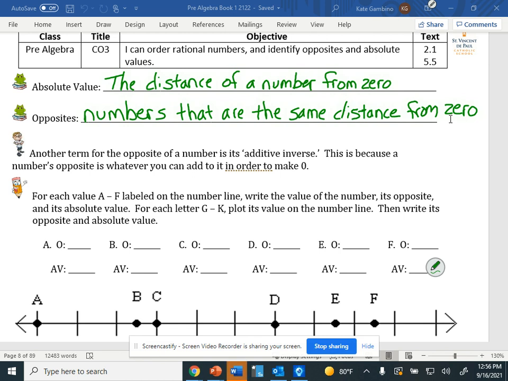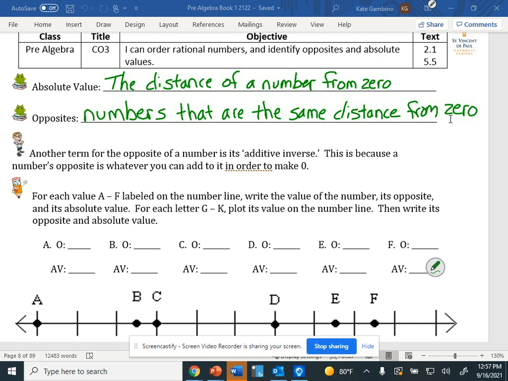So they would have that same absolute value. If it's 3, its opposite would be -3. If it's -5, its opposite is +5. So it's the same absolute value. Those are opposites of each other. They're on the opposite side of zero, the same distance.